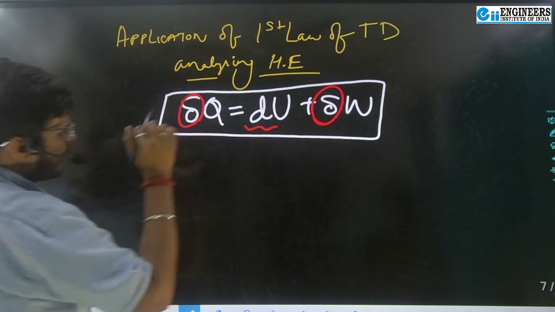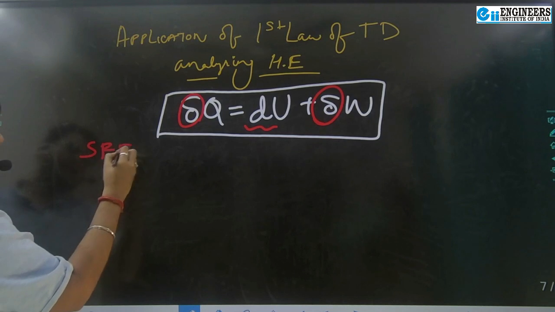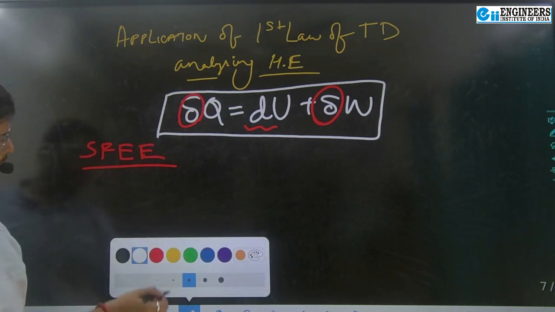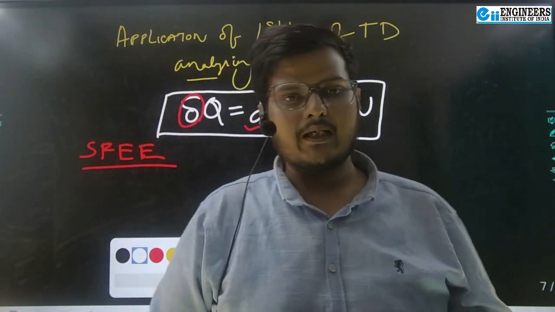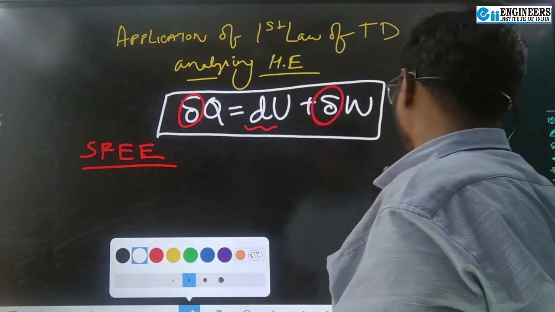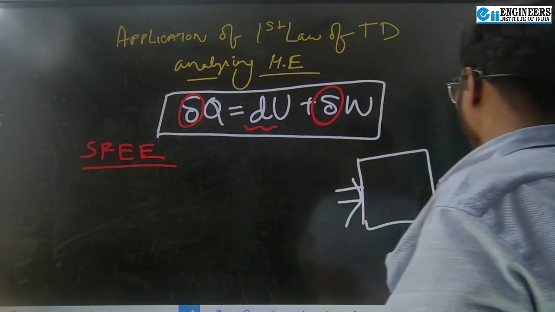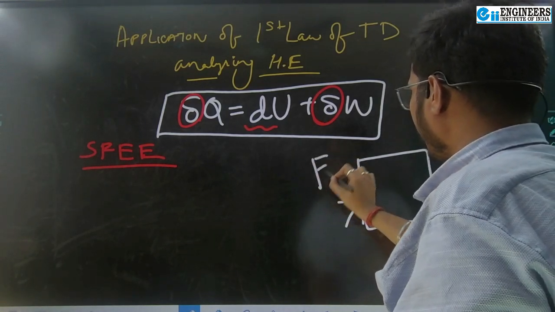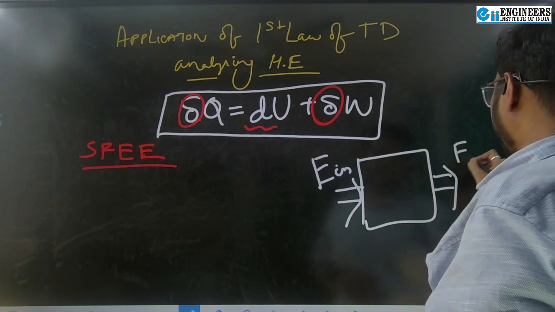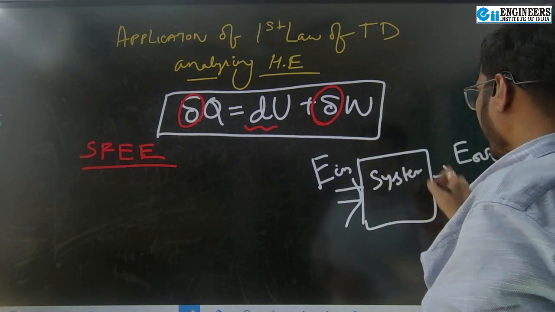So from here we move on to the steady flow energy equation. We are all well aware of this equation. What does it say? The net accumulation of energy, supposing this is a system, the net energy inflow will be equal to the net energy output across the system.